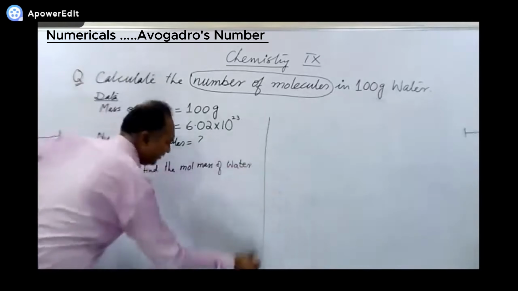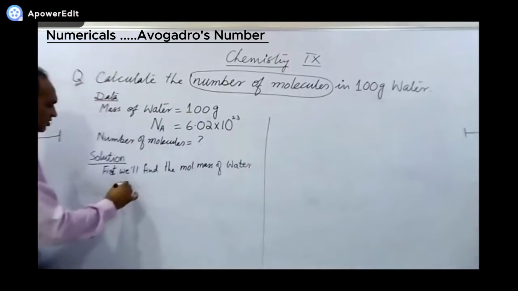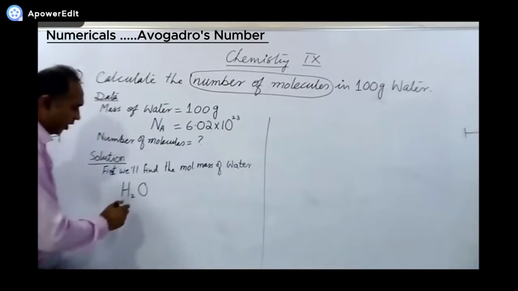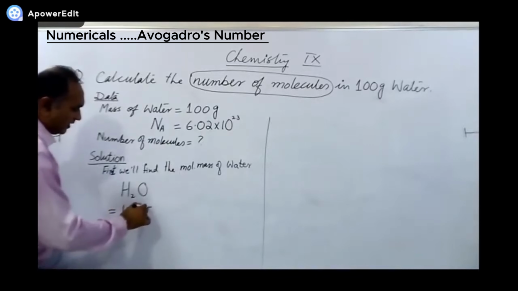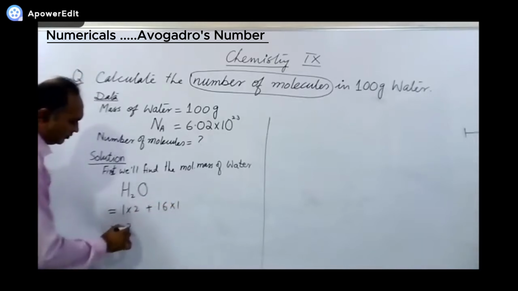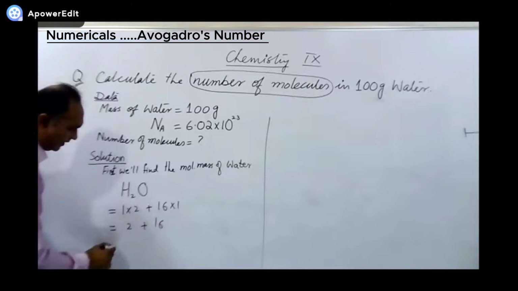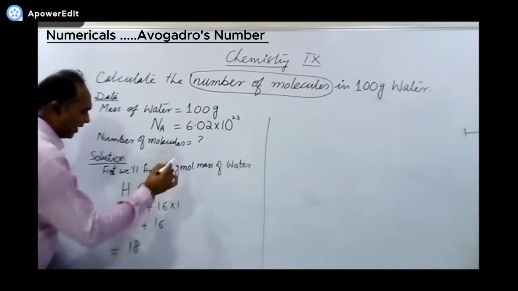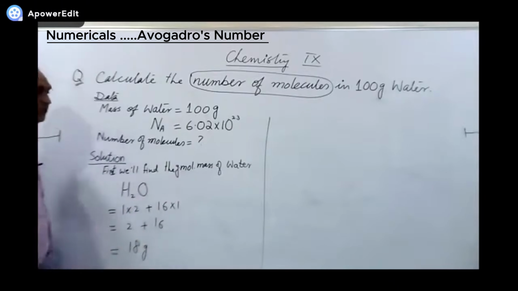All of you know it very well. H2O. 1 is the atomic mass of hydrogen. How many hydrogen? 2. 16 times 1. You know it very well. I'm not explaining. So it will become gram molecular mass 18 gram.